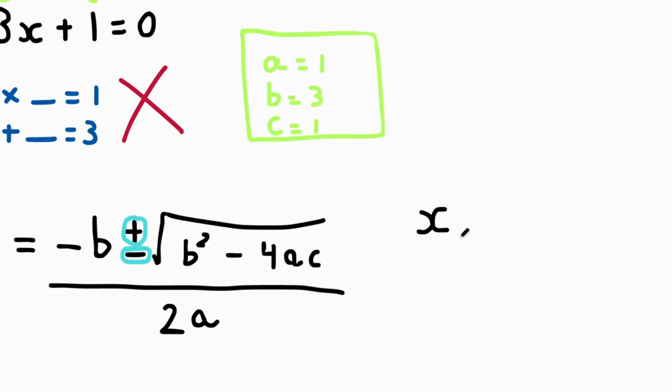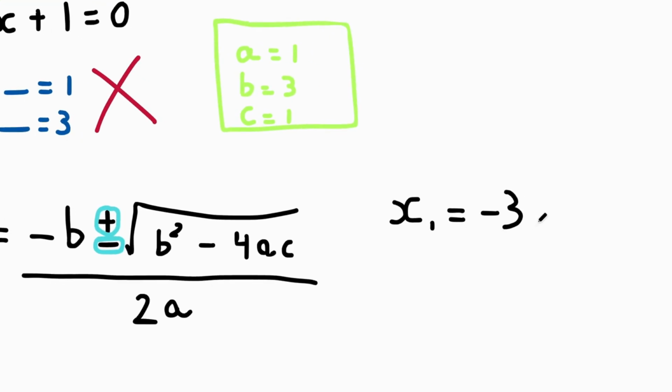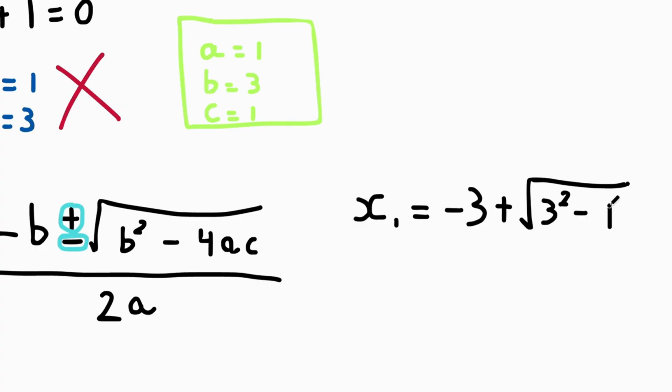So we have our x1, let's call it, equals minus 3 plus the square root of 3 squared minus, and for the purpose of the video and for you guys learning and actually seeing what's happening, I am going to write minus 4 times 1 times 1.